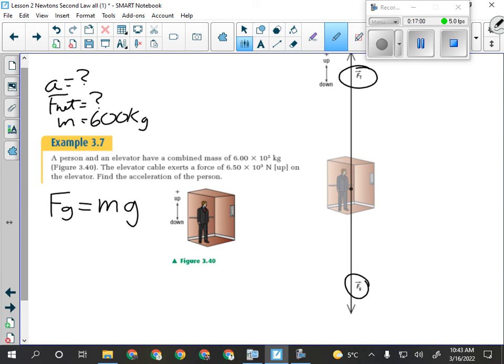So this force here is the force of gravity. They don't tell me what it is, but they tell me the mass of the elevator, and I know the acceleration due to gravity. So I can calculate the force of gravity by simply going 600 kilograms times 9.81. Okay, I think it's 5886, right?